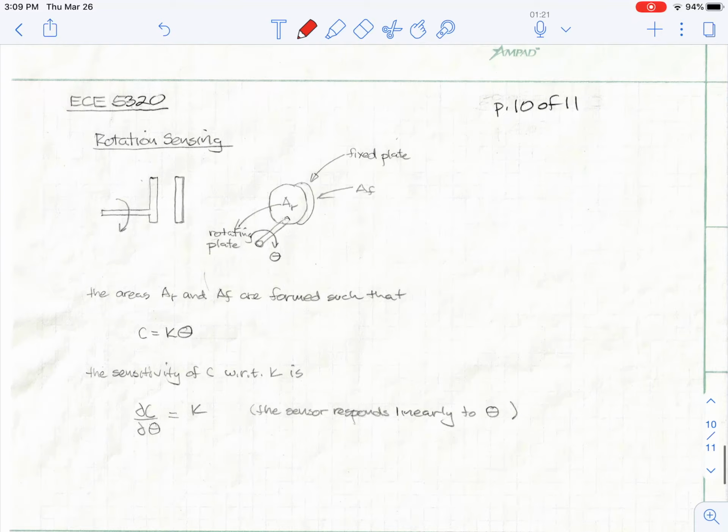Okay, I can also have rotation sensing. So I have a rotating plate and a fixed plate. Basically what happens is I will rotate off the center, and so my overlap area will change, and that changes the capacitance. In this case, capacitance is proportional to the angle I've rotated, and the sensor responds linearly to theta.